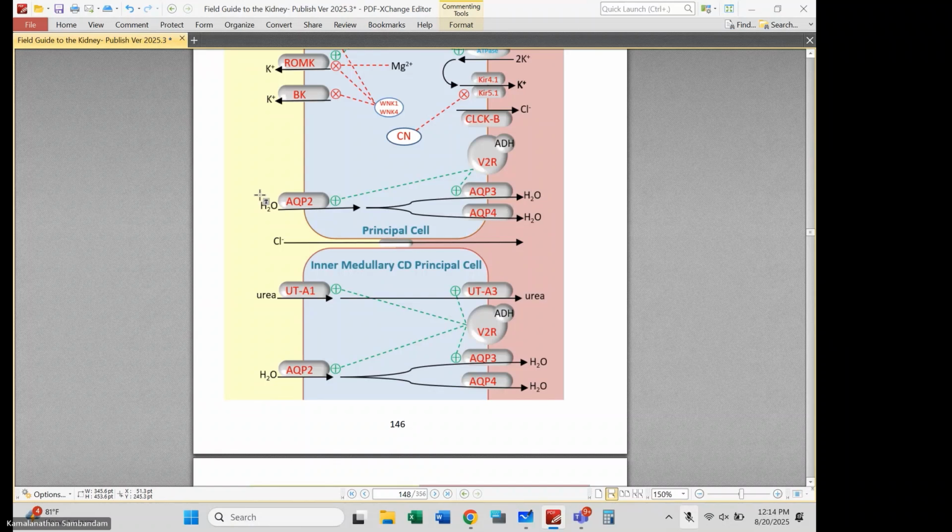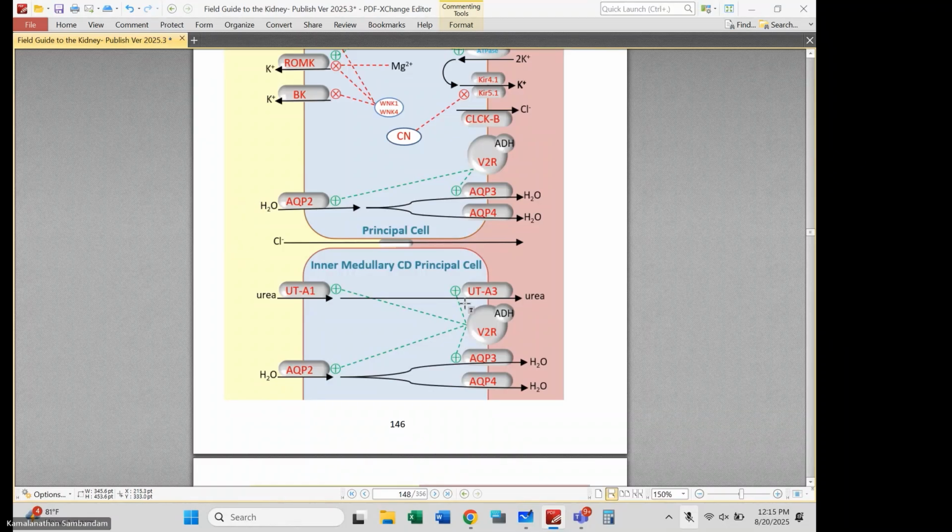So in order for water flux to occur, I need to open the channel, or I need to increase conductance of water. But the other thing that governs water transport is, what is the osmotic gradient for water flux? How many more particles are there on this side of the epithelium than this side of the epithelium?